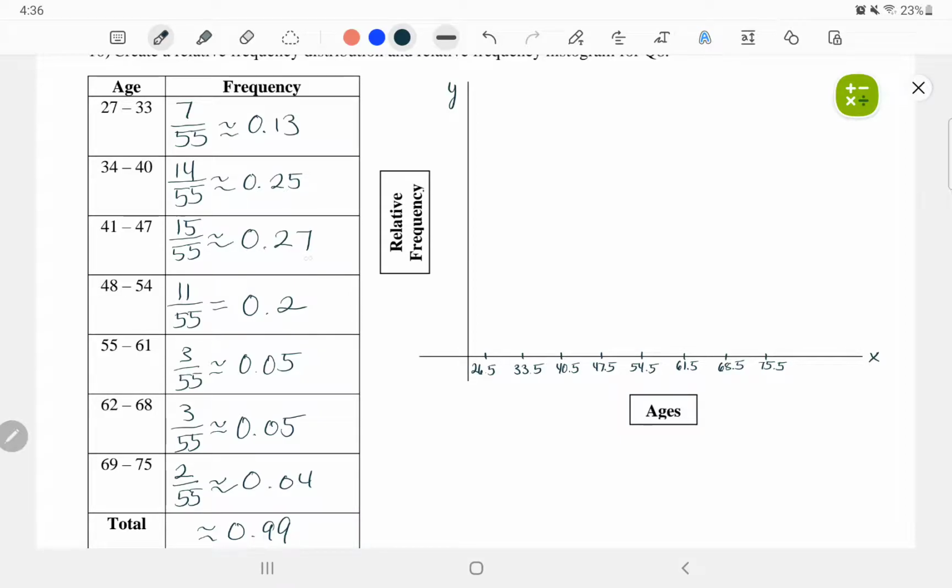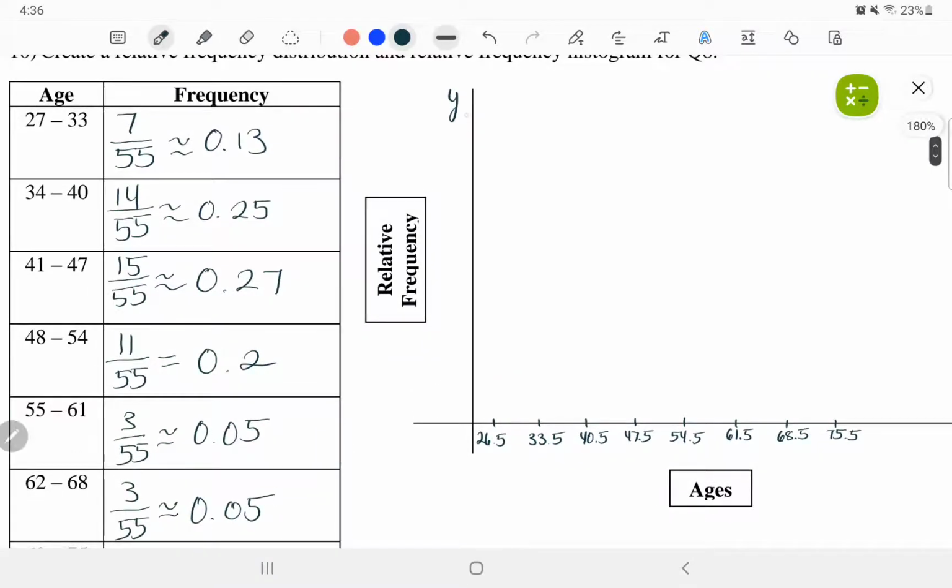So the highest relative frequency is 0.27. Here, I'm going to go up to 0.28. Actually, no, I'm going to follow the notes I already have.